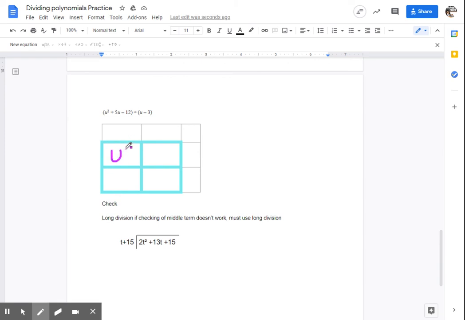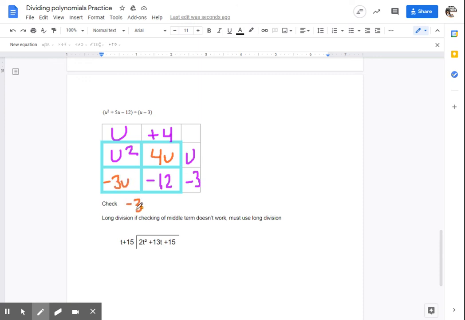So we would do u squared here and negative 12 over here. We do u and negative 3. U squared divided by u is u. Negative 12 divided by negative 3 is plus 4. So I get u plus 4 and negative 3.